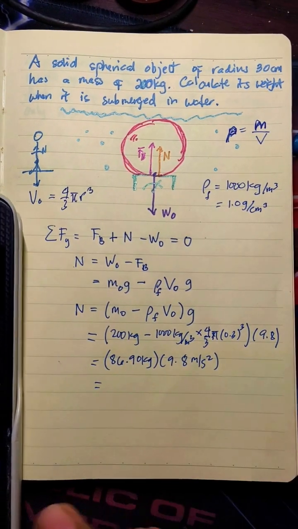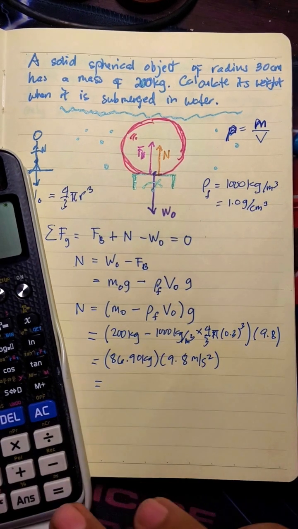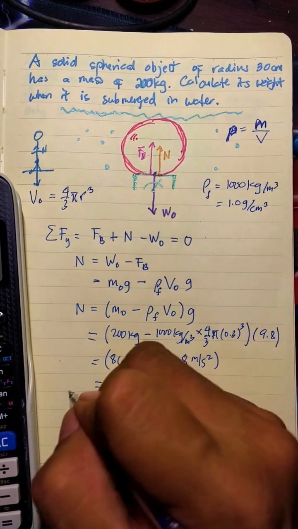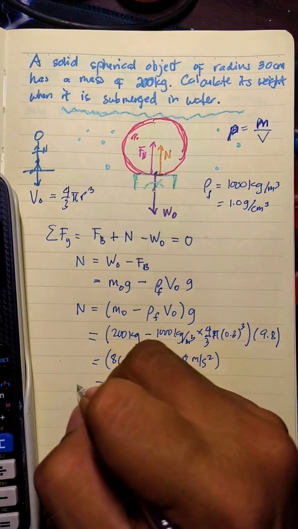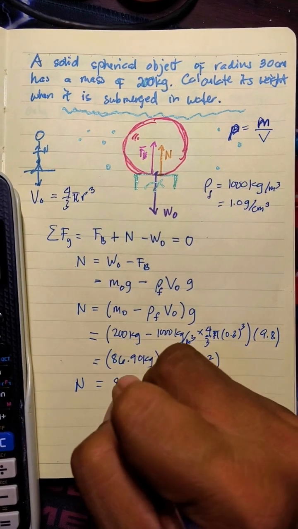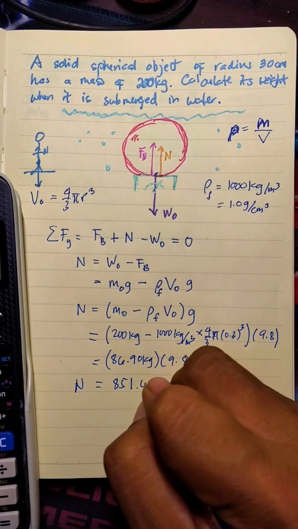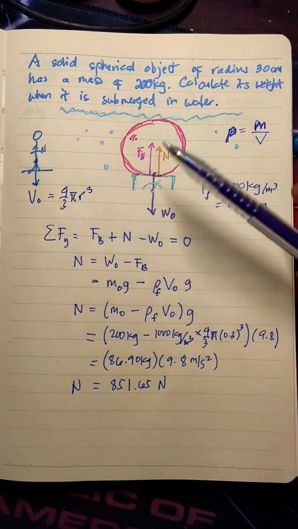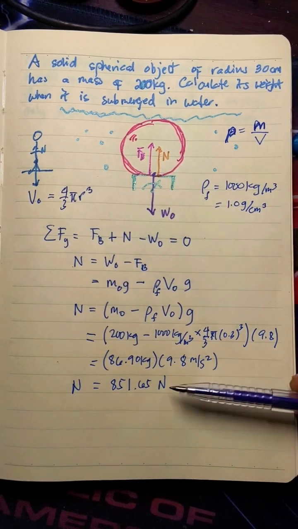That would give us N now is just equal to 851.65 newtons. Okay, that would be what the weighing scale will read.